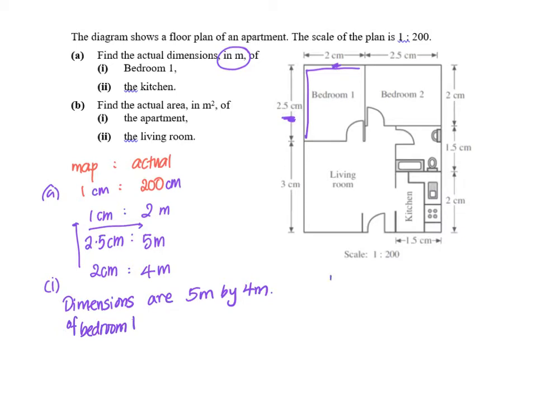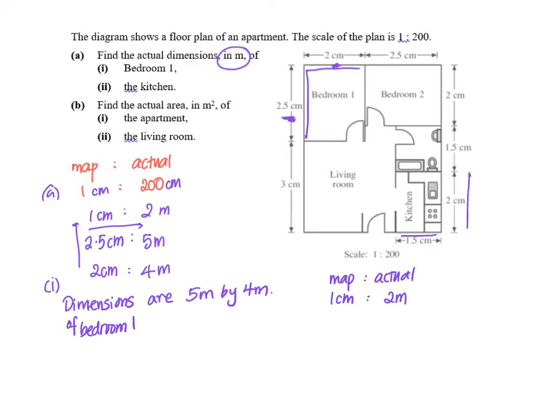Okay, now let us find the dimension of the kitchen. I'm gonna use map and actual. 1 cm is to 2 meters. Kitchen. What's the dimension of the kitchen in my diagram? 1.5 is the width, then the length is 2.